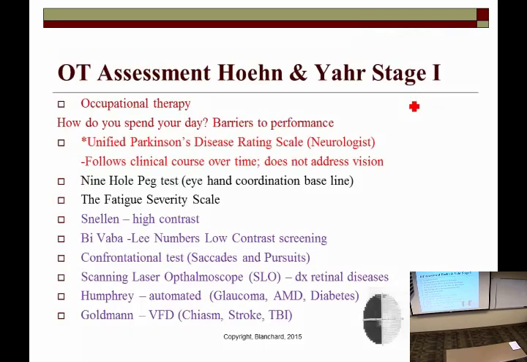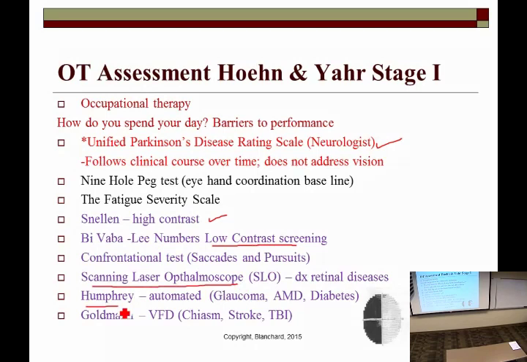Okay? Our OT assessment then for Hoehn-Yahr stage 1 is we're going to be not only looking at the Unified Parkinson's Disease Rating Scale and what the neurologist found, but we're also going to look at the clinical signs and symptoms. We're going to look at the Snellen chart, and we're going to look at contrast sensitivity as well. We're going to do confrontational tests, and we don't have an SLO or scanning laser ophthalmoscope, but our ophthalmologist does, and the ophthalmologist also has the Humphrey.